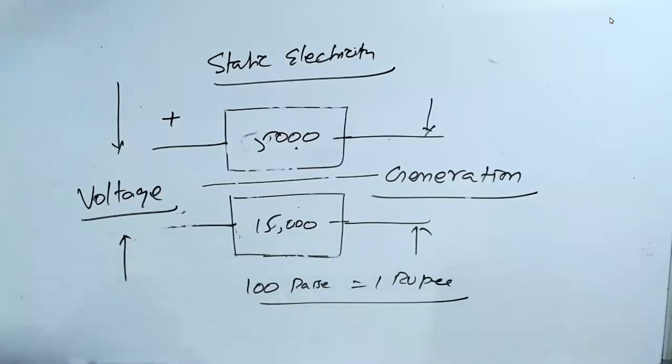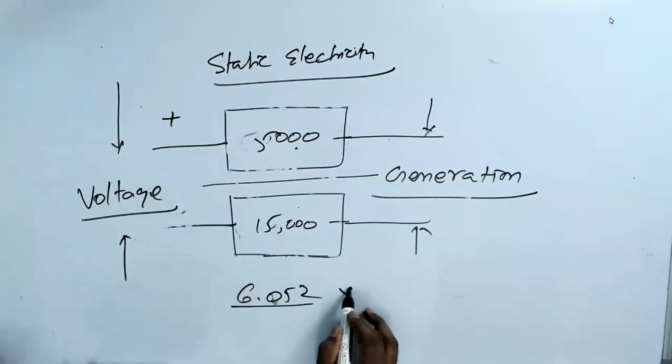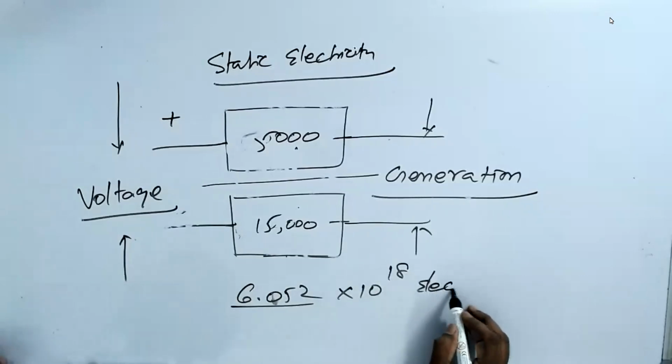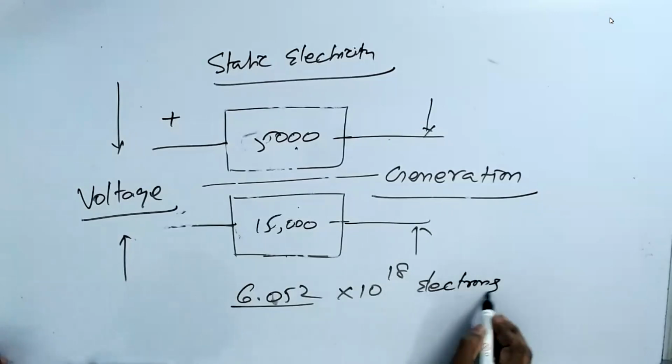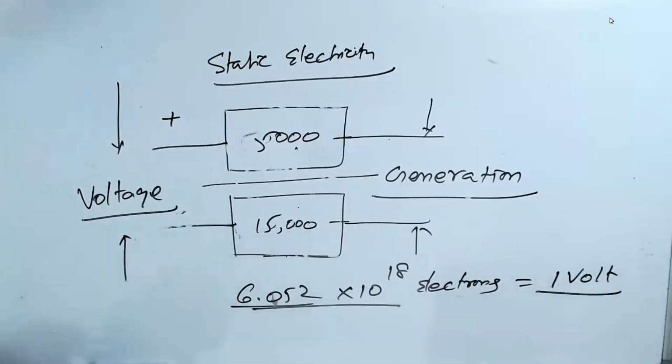Here, they have come out with a measurement: 6.052, I think, you can verify, 10 power 18 electrons. See that? What's the count? 6.052 into 10 power 18 electrons equal 1 volt. Like you have 1 rupee, we have 1 volt. 1 volt equals how many electrons? This much.